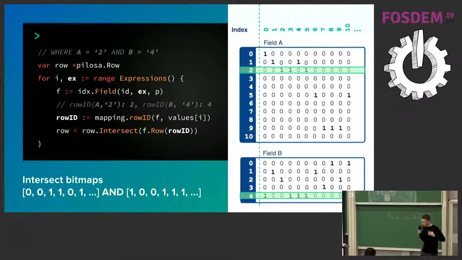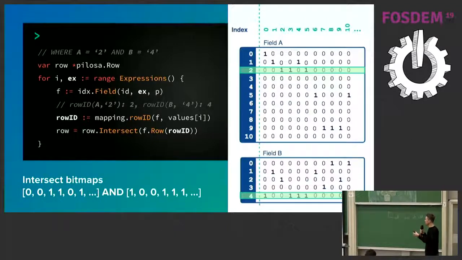So now you want to query. When you query, you put some filter, like you want to get all data where A is 2 and B is 4. So once again, you iterate through the expressions, go through the fields, and then you have to find the row ID where the value 2 and the value 4 are.